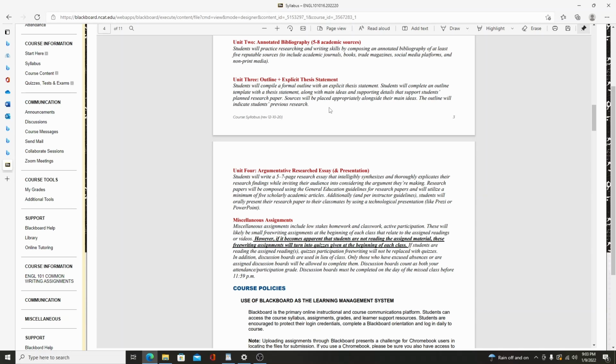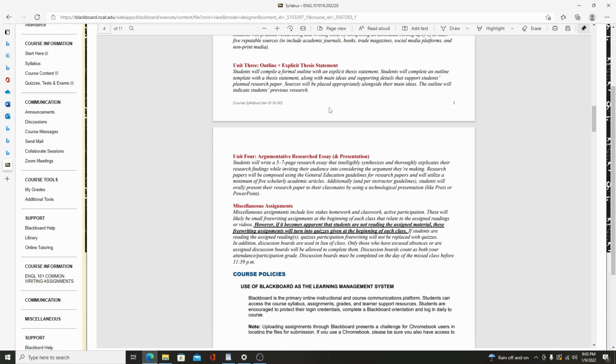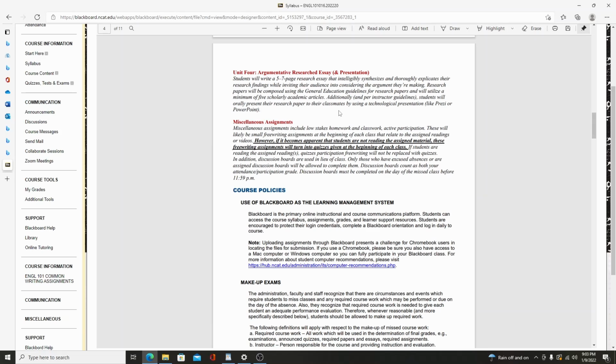Here you are going to have to do an outline. I will give you the outline template, and you fill in the template. This helps to prepare you to draft your paper and to visualize what the paper will look like. Unit 4 has an argumentative research essay, so this is the final paper, and it's more a project than a paper.